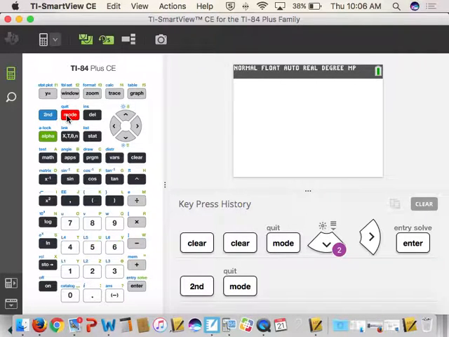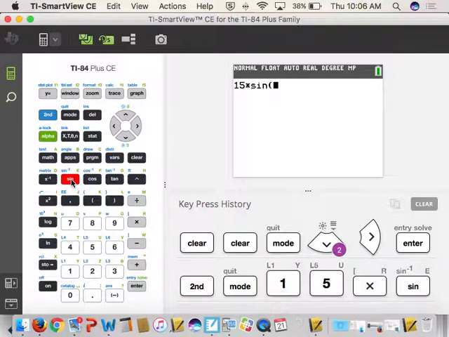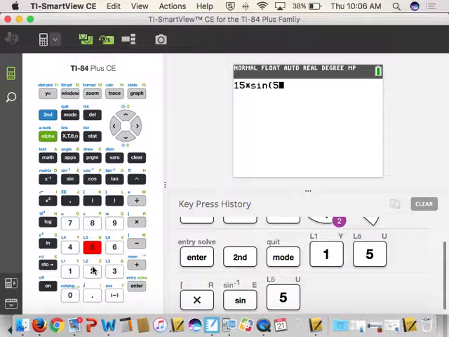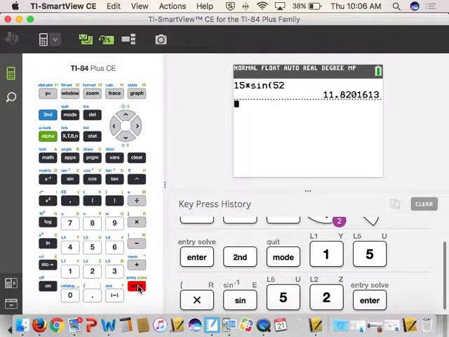If you're using that graphing calculator, what did we say our problem was? 15 times the sine of 52. Your calculator opens up a parenthesis for you. You don't have to close it because we're not typing anything behind it. If I hit enter, it shows me that the missing side length is 11.8. We're going to round these to the nearest tenth, one decimal place on all these side lengths.